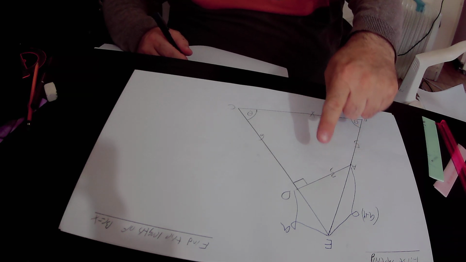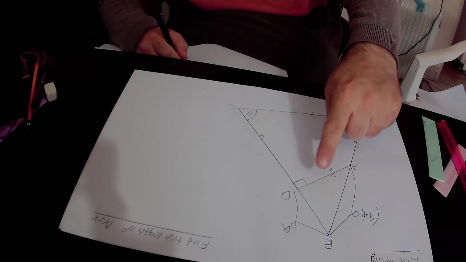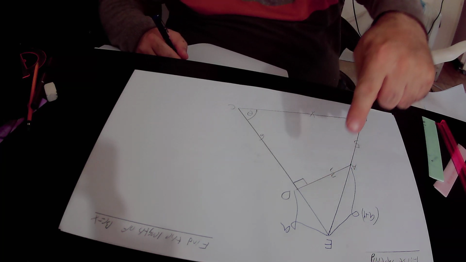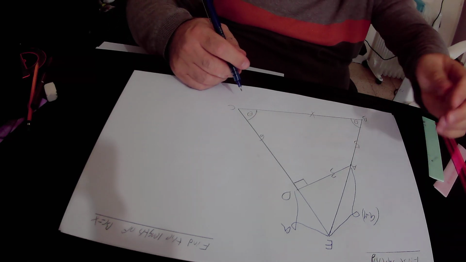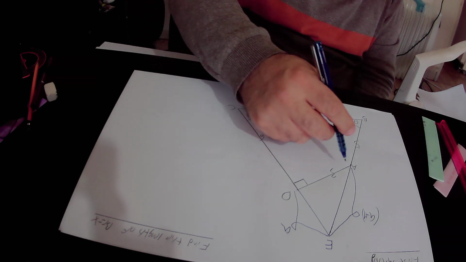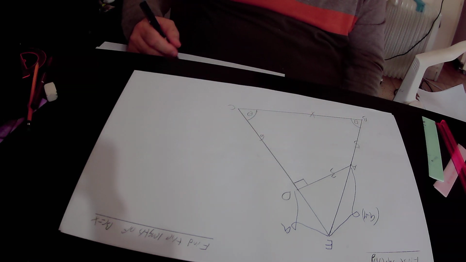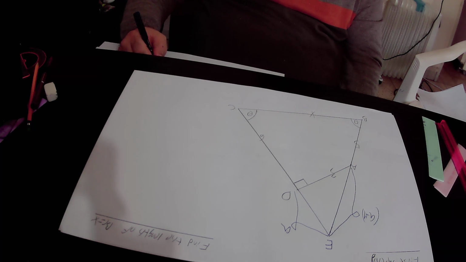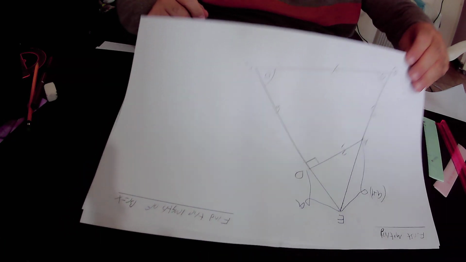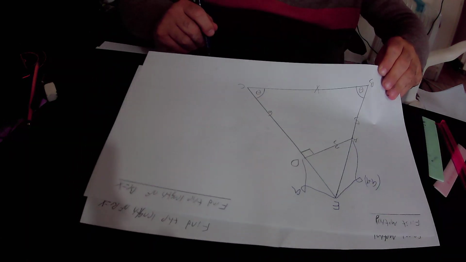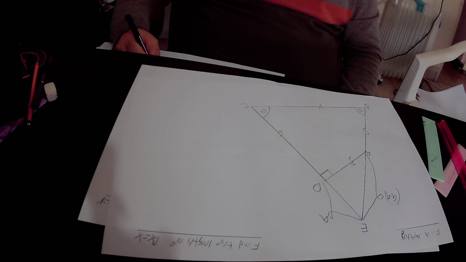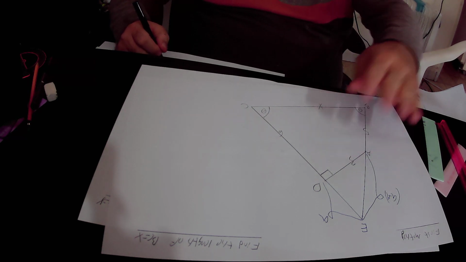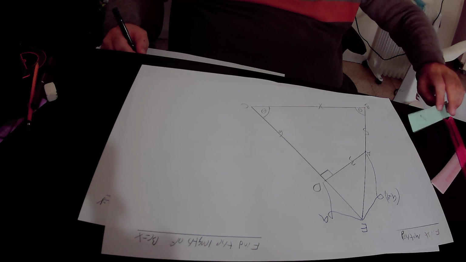This is the right angle, so 90 degrees, plus the size of this angle, that is actually angle EDA. In total, the sum of those two angles must be equal to 180 degrees according to rule number 2.